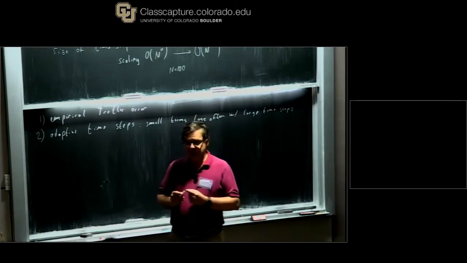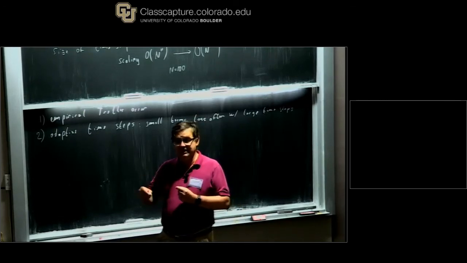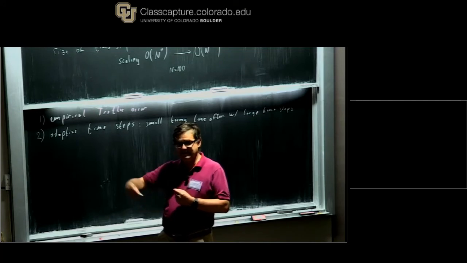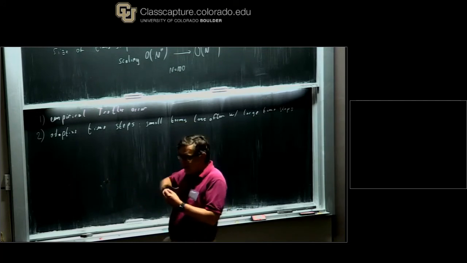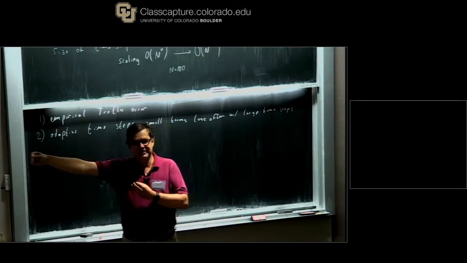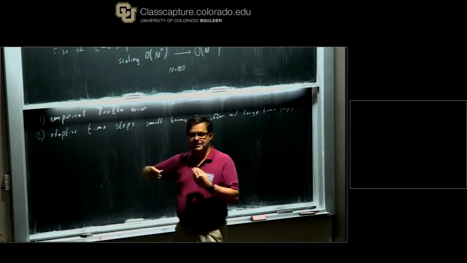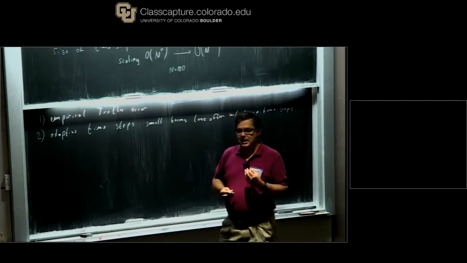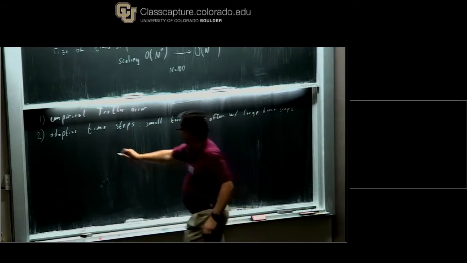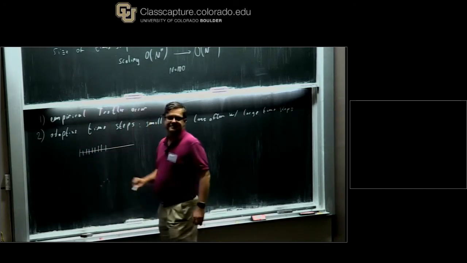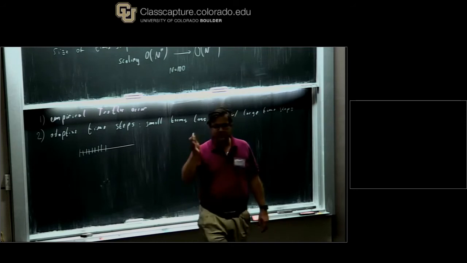The small terms I don't do every time step. I skip them most of the time. And after 10 time steps I do them, but now with a 10 times larger time step. So I do the small terms with a larger time step. If I keep the time step small, then I'm doing every term at every small time step, and then every time step I'm doing n to the 4 terms.